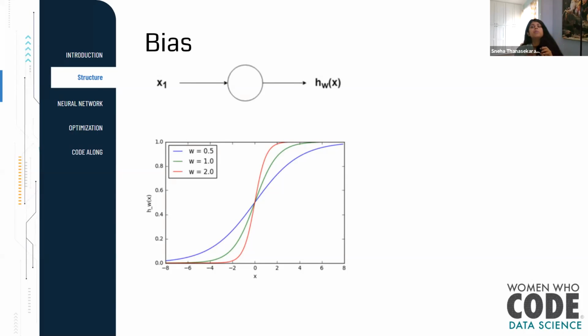However, what if we only want the output to change when x is greater than 1? You can see here, the curve is always passing through 0, which makes it difficult to change that relationship. So that is where bias comes in. Let's consider the same network, but with a bias input.